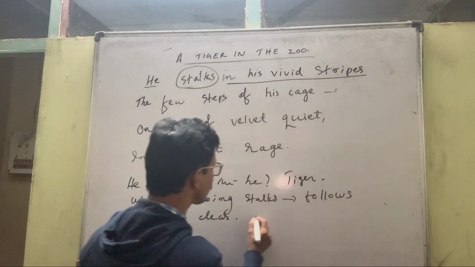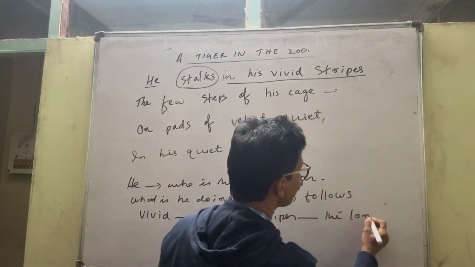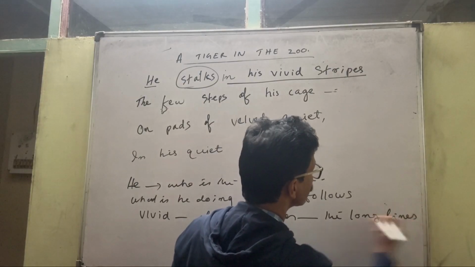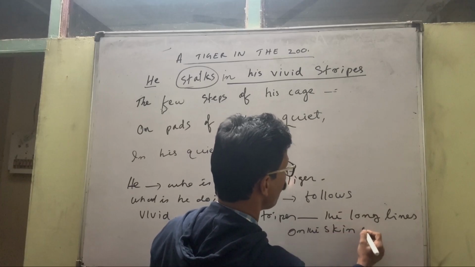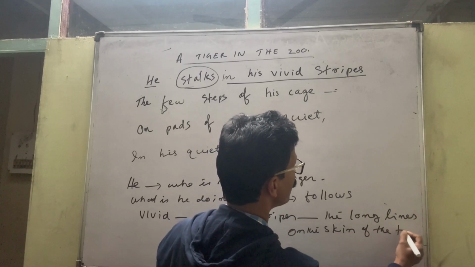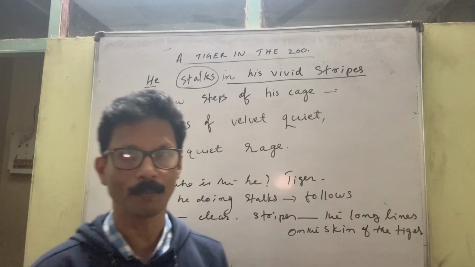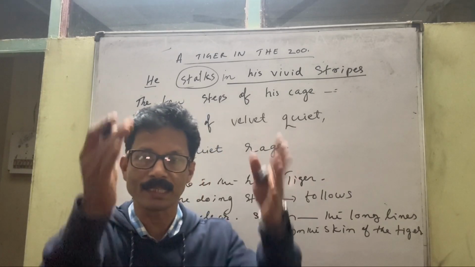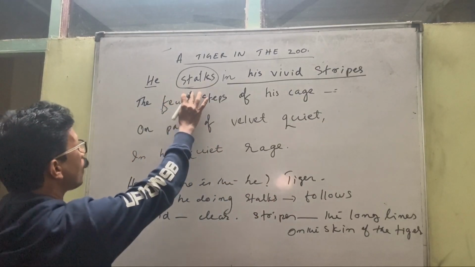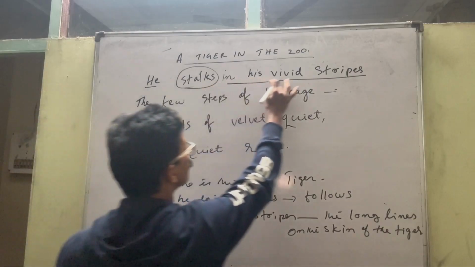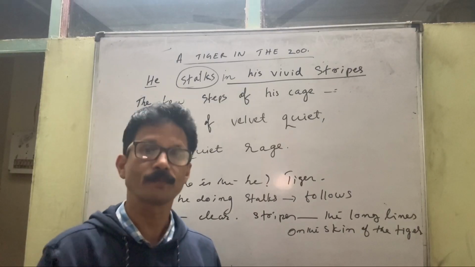Stripes means the long lines on the skin of the tiger. You might have noticed a tiger has lines on its body. So the tiger stalks in his vivid stripes, means with his body full of stripes.